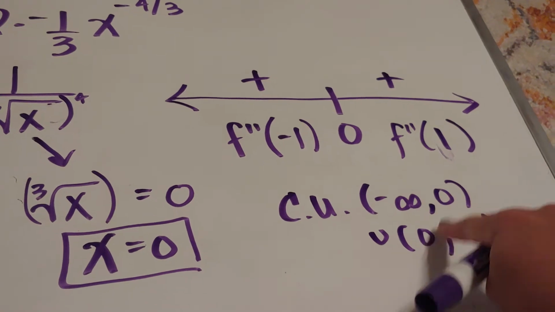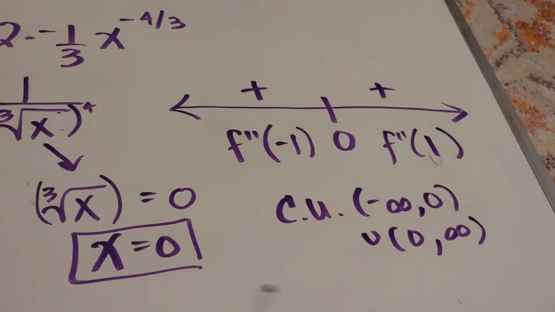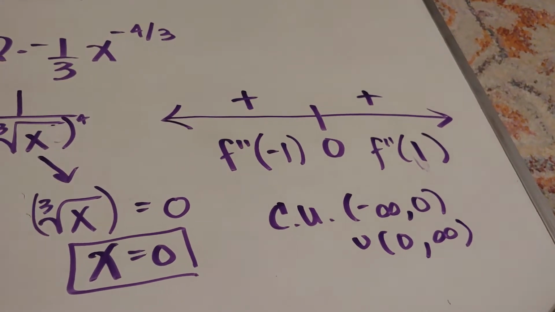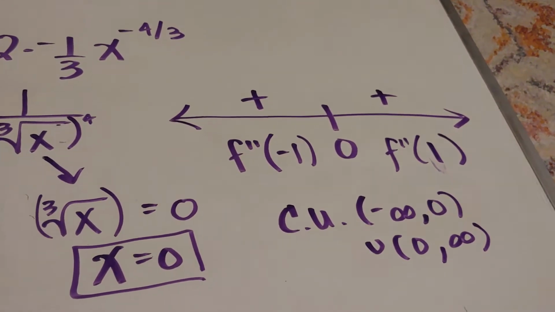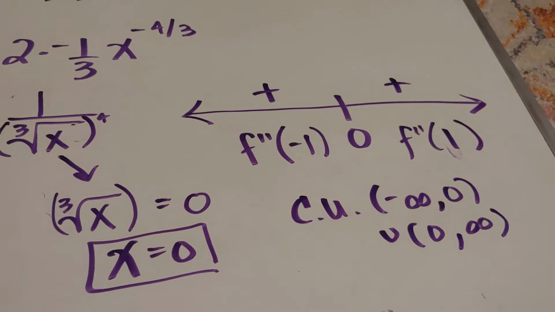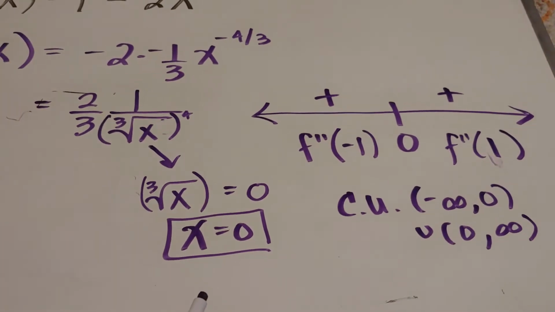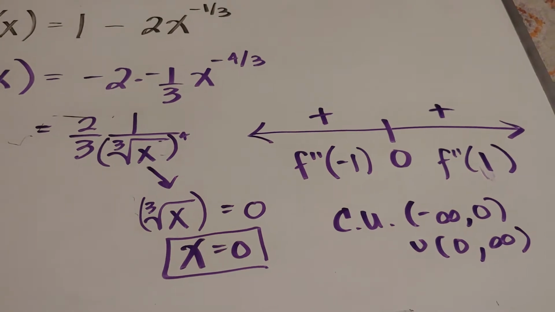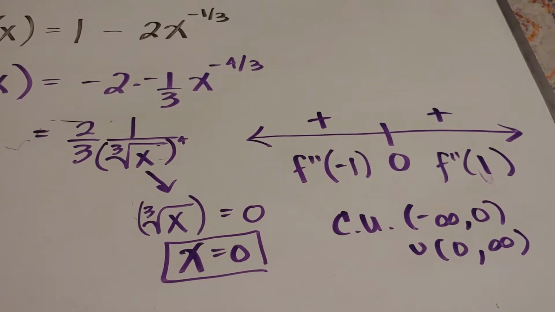So I'm going to go ahead and put that 0 there kind of like a pause of where the graph is switching. It's not switching concavity, but it's just changing. Okay, so I'm going to go ahead and pause this video for just a second, and we're going to put our picture all together.